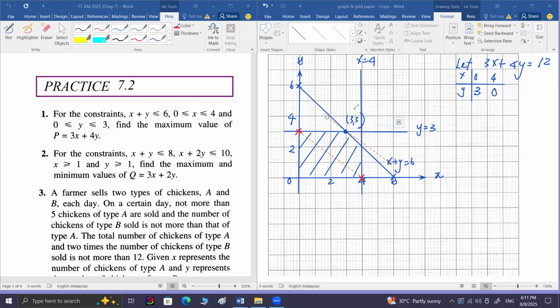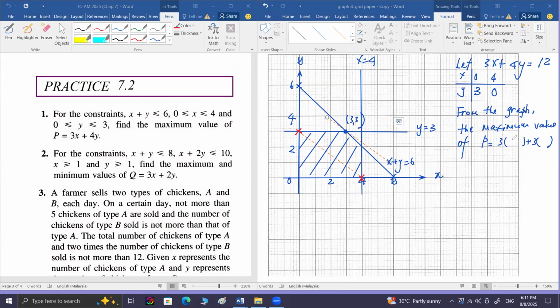So when you get this already, okay, from the graph, you can explain from the graph. So from the graph, the maximum, and you follow here, the maximum value of P equals 3x plus 3y.